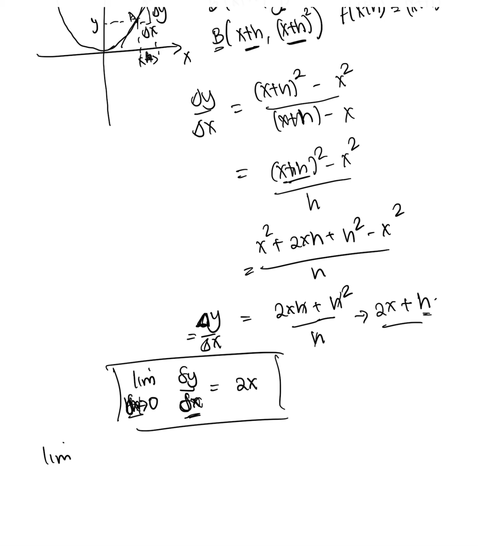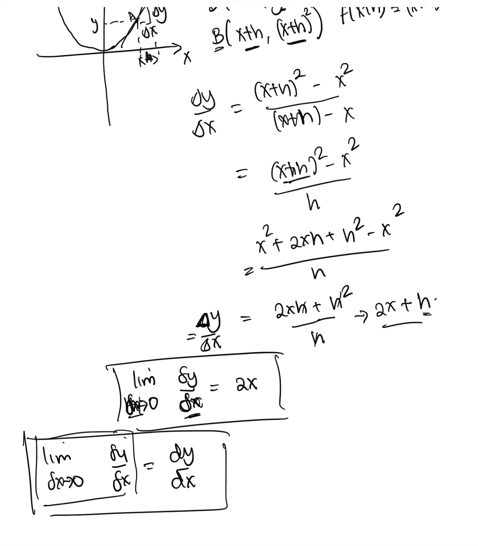When we talk about limits, in the limit that delta x tends to 0, the small change in y over the small change in x becomes dy over dx. So you do not need to write this anymore, because these are equal. This is in fact the definition notation.